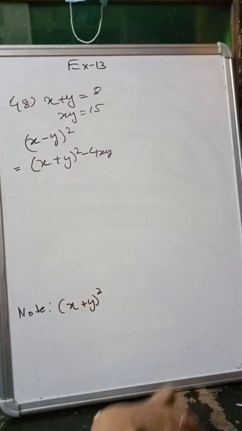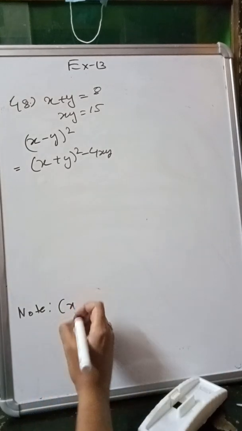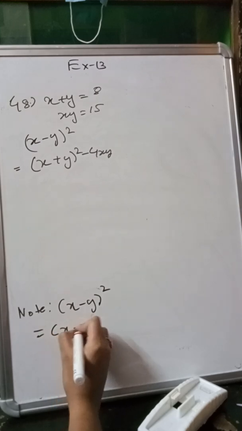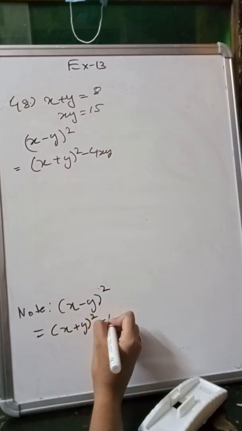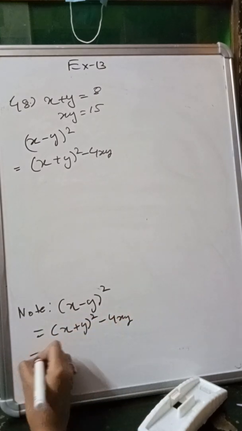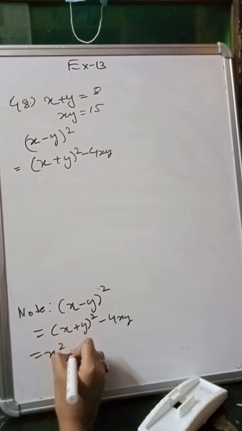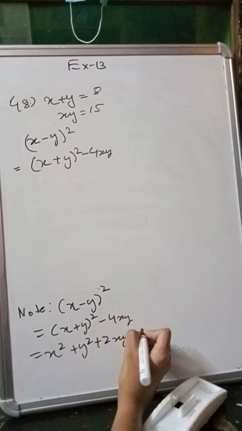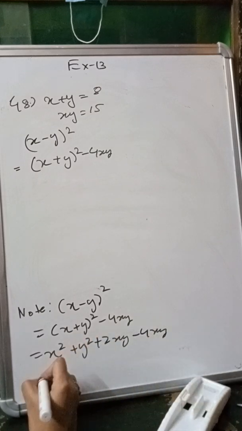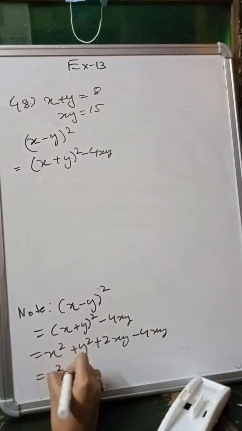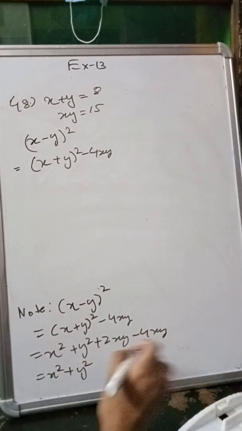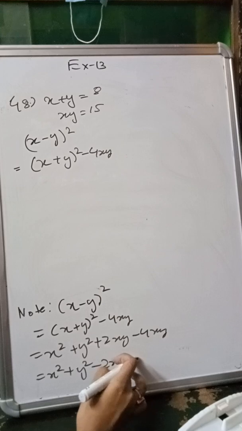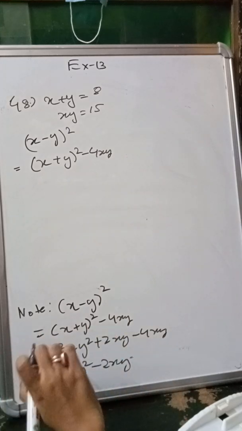So we can write x minus y whole square as x plus y whole square minus 4xy. Why? Because if you expand this, x square plus y square plus 2xy minus 4xy, you will get x square plus y square minus 2xy, which is nothing but the formula of x minus y whole square.